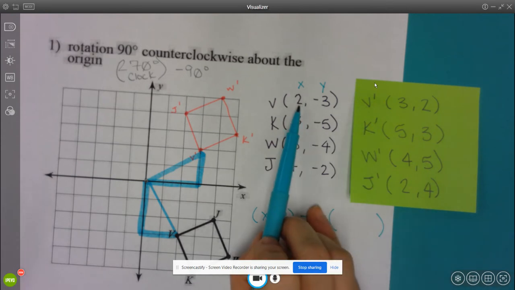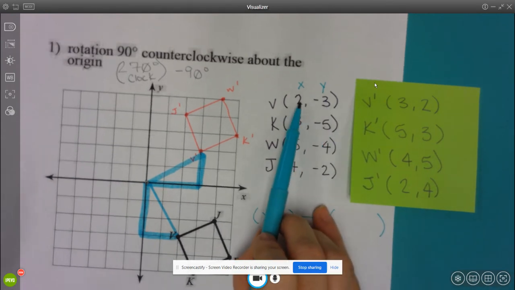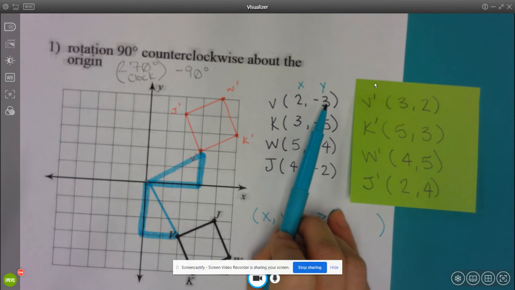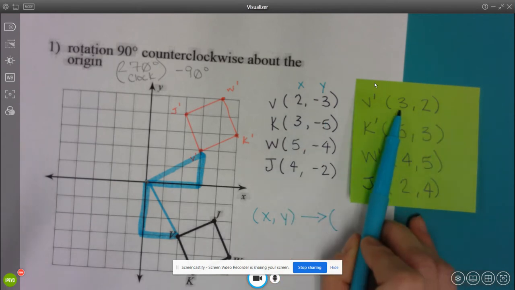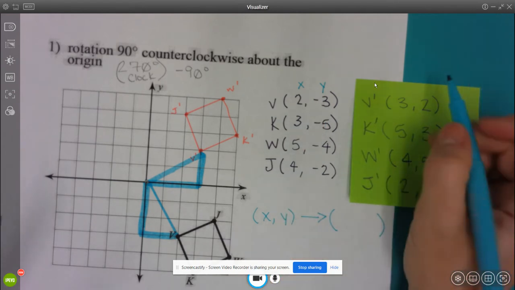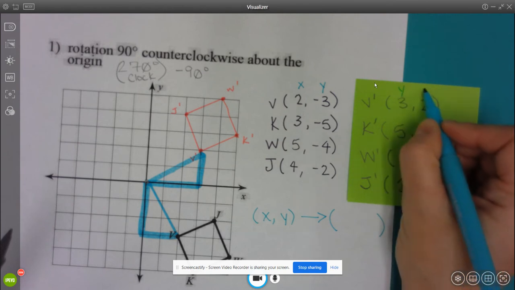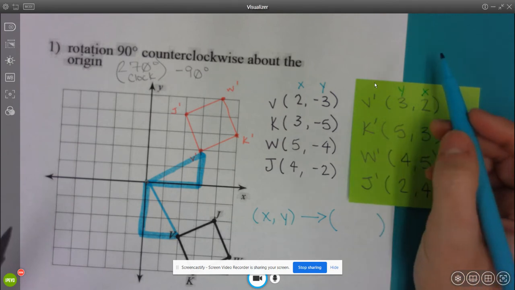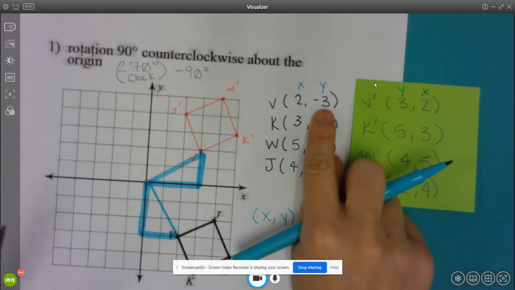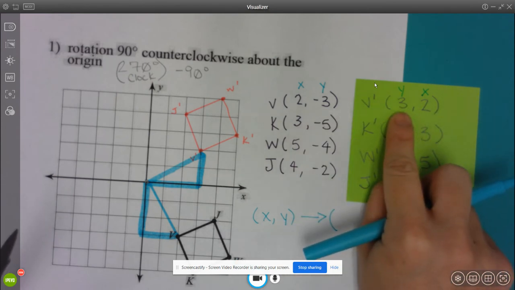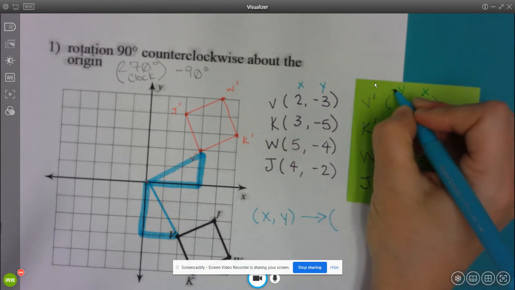Well, if you look at this original coordinate, it was 2, -3. They've switched positions over here. This was the Y value, this was the X value. And this has gone from a negative to a positive, so this Y is the opposite.